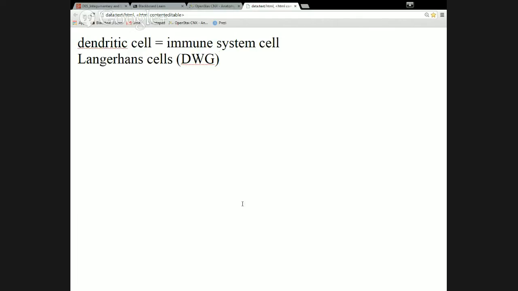So I'd prefer to use dendritic cell, which is not that descriptive of a cell name. It doesn't really tell you what it does, but we'll meet dendritic cells in other places when we talk about the immune system in A&P2. And so it's good to understand that they're present in the skin also. If you see Langerhans' name somewhere, just in your mind, substitute dendritic cell in for that.